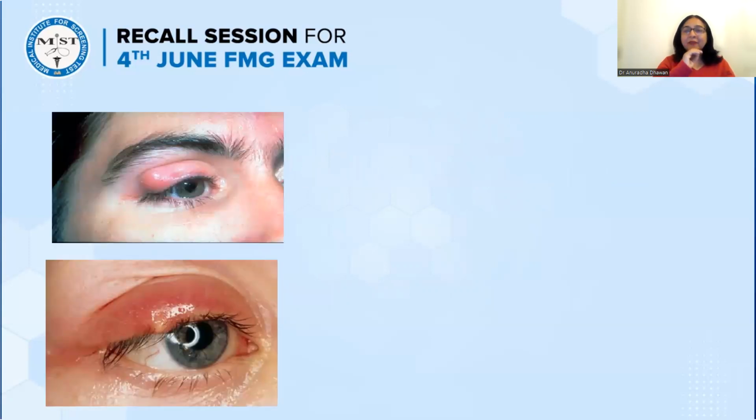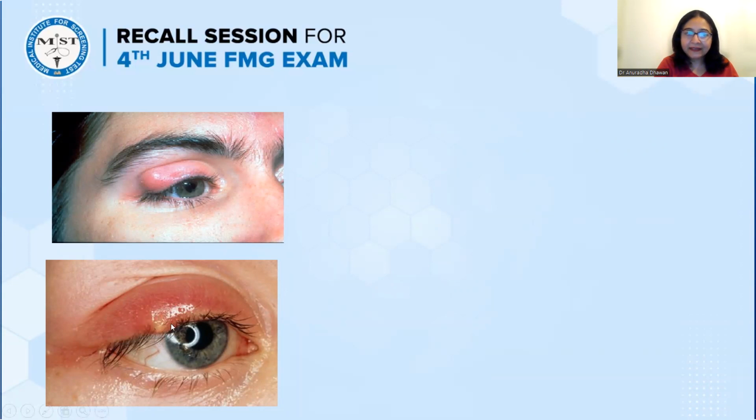If you remember, we have seen these images many a time. Here you notice in the upper image a nodule which is away from the lid margin. It appears more prominently externally. Chalazion will always appear more prominent externally than at the internal surface. So there will be an external swelling, but it will be painless and away from the lid margin.